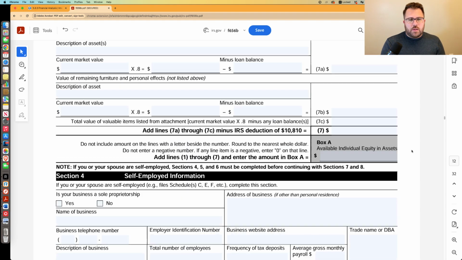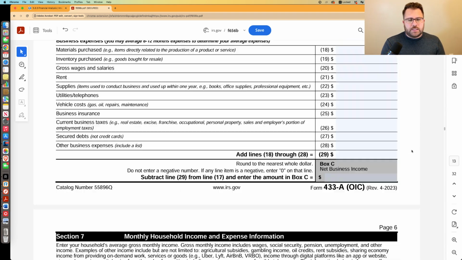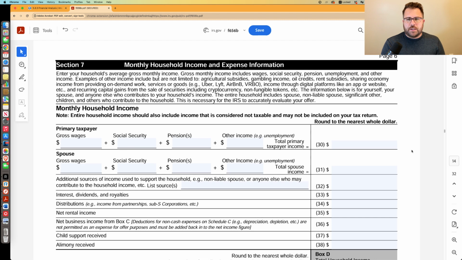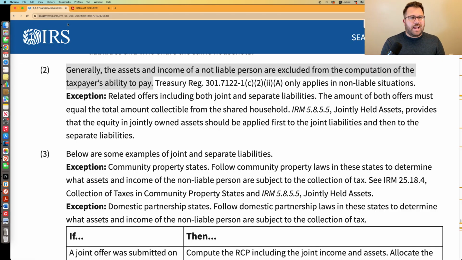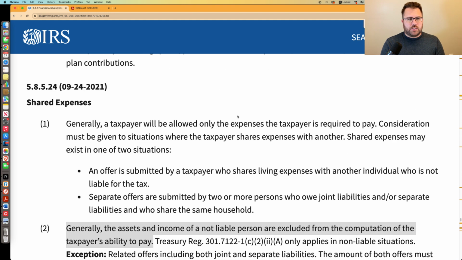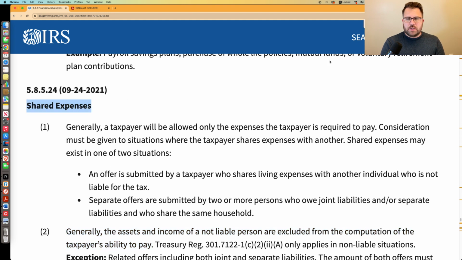Let's see, under the expenses, section 7 here, there is generally a bifurcation of the household expenses, if you have two spouses contributing to those expenses. And I think that's why they moved all this down to the shared expenses section, for that reason.